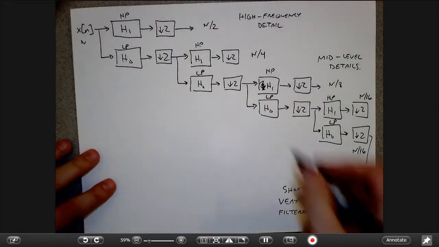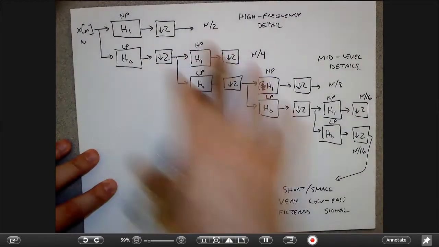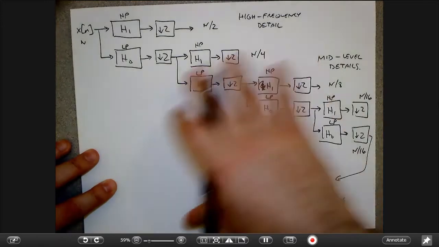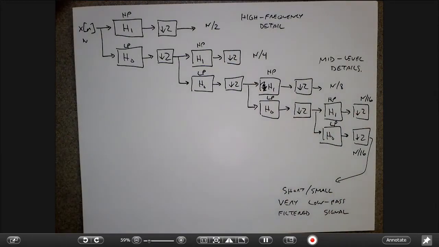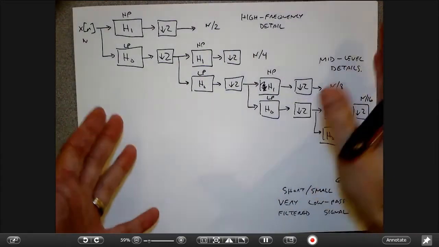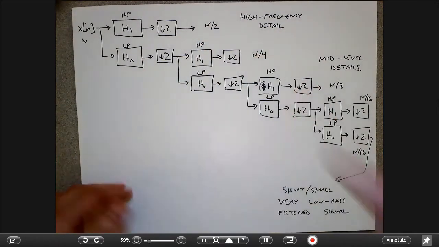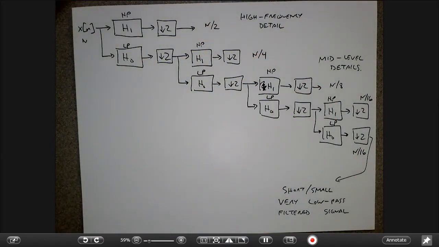And so in practice, if I put all this stuff back together on the other side of the paper and I apply my reconstruction filters, in theory, if there was no corruption in any of the outputs of any of these filter banks, I would get exactly the same signal that I put in, right? But the real use of this tree of filter banks is for compression, right?